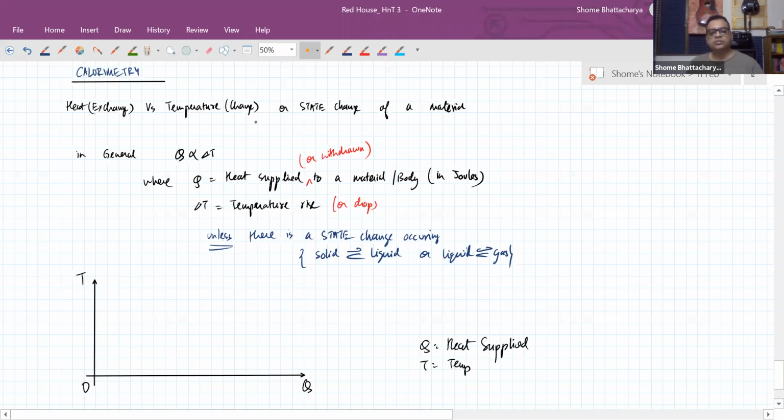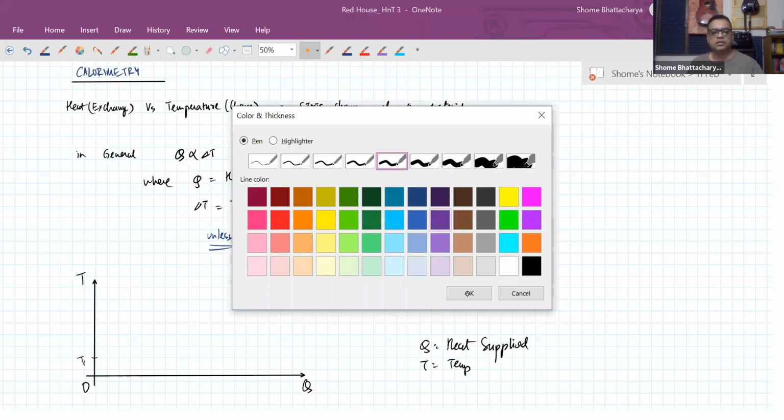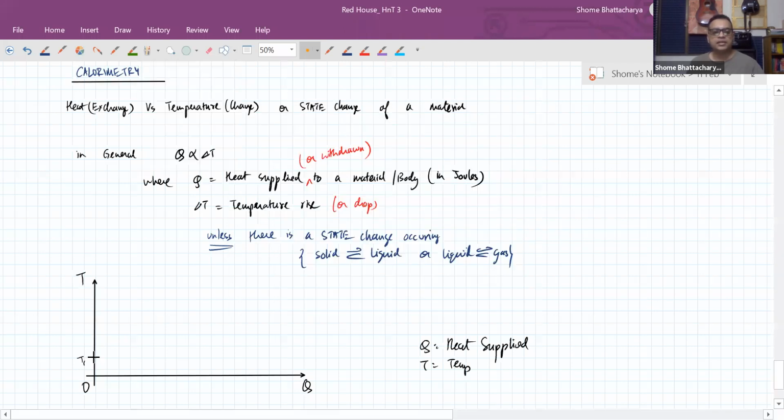So suppose we see that initially it is at a certain temperature T1, and to begin with it's, let's say, a solid material. Okay. So as we supply heat, its temperature will rise proportional to the amount of heat supplied. So there's direct proportionality. Okay. Till it reaches a particular temperature called the melting point. Okay. So this is when it is in solid phase.